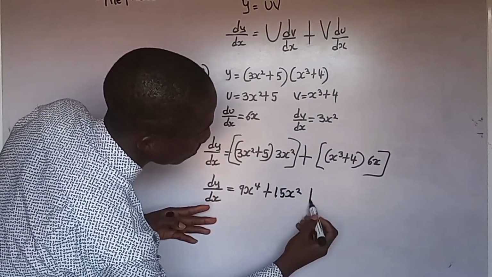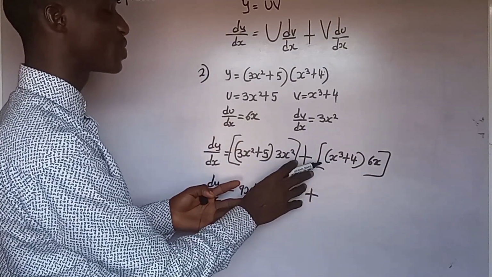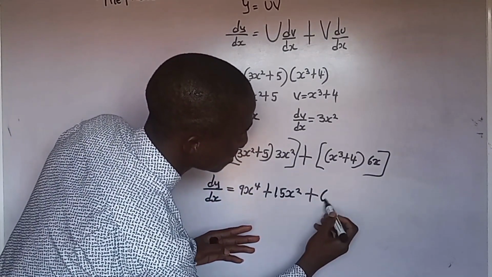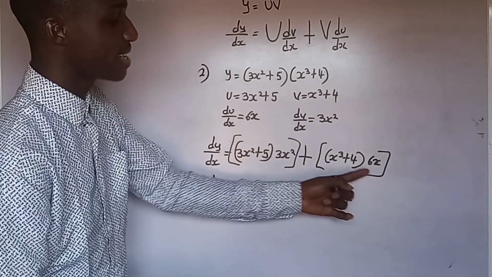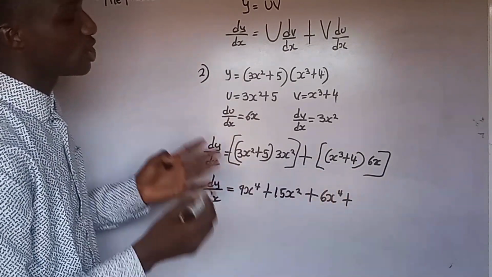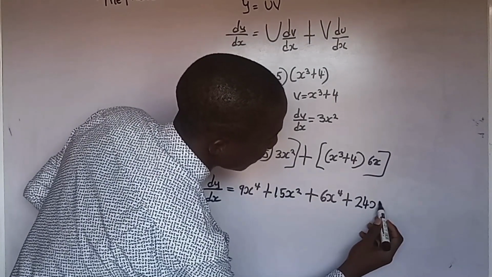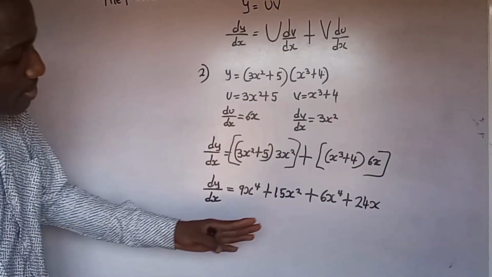This plus sign. Then we have 6x multiplied by x raised to the power of 3. That is 6x raised to the power of 4, plus 6x multiplied by 4. That is 24x. So let us look if we can collect like terms.